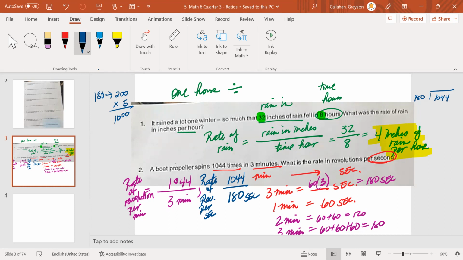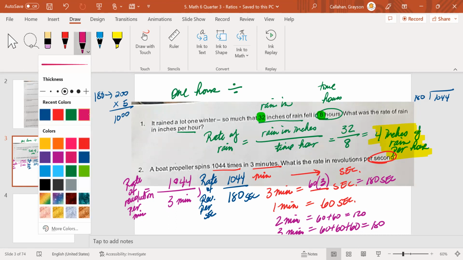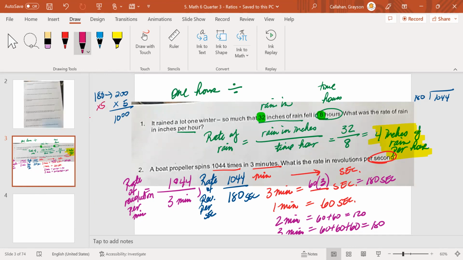So 180 is close to 200. So let's use that times 5, which is 0, 40, carry the 4, 900. So if I put 5, 180 times 5 is 900, which then gives me 144 left.